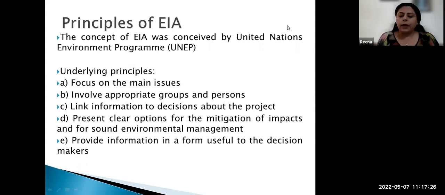So this kind of advertisement is given in newspaper so that people and persons, groups, volunteers, NGOs can be involved. And then you have to link information of the project with the decisions which can be taken up in the future. So there is clear mitigation plan, and there is sound environment management if it is done properly. So it becomes very useful in terms of curtailing the impact of a project, especially negative impacts, and enhancing the positive impacts of the project.